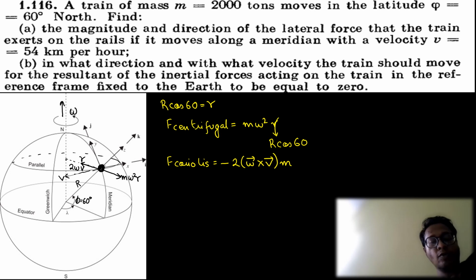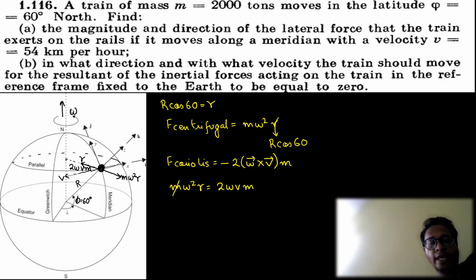Acha, out here one term is missing, the term of mass is missing in Coriolis force. So in order for the net pseudo force to be zero, m omega square r should be equal to 2 omega v m.